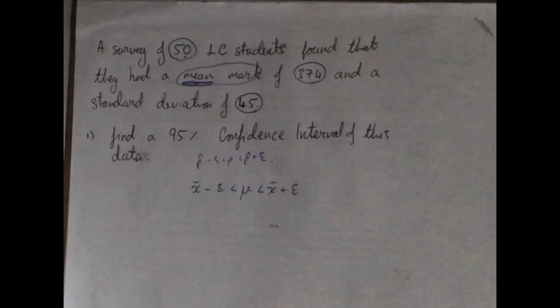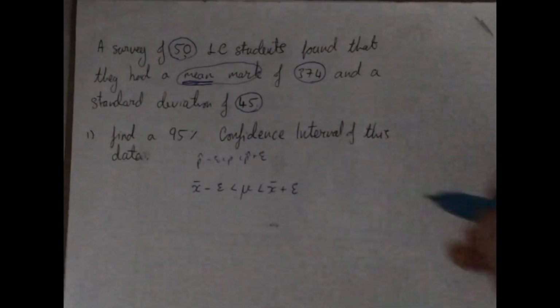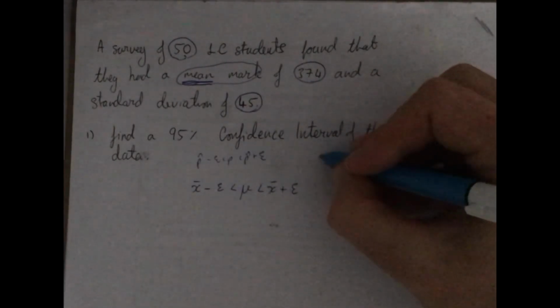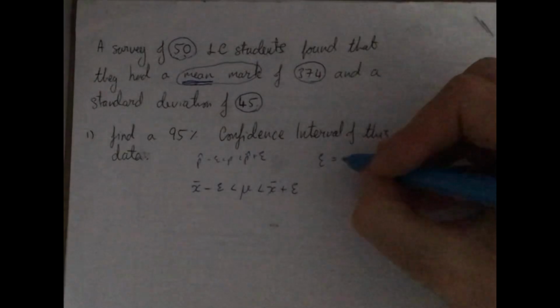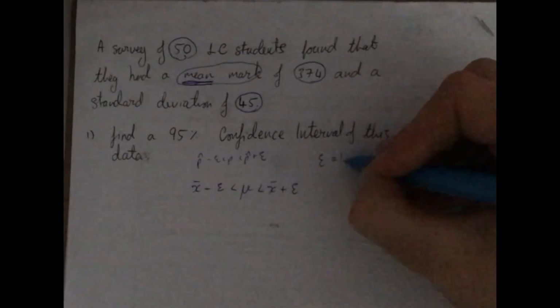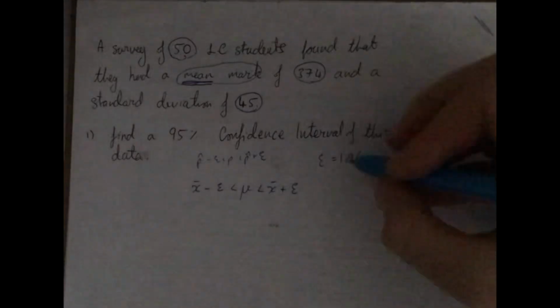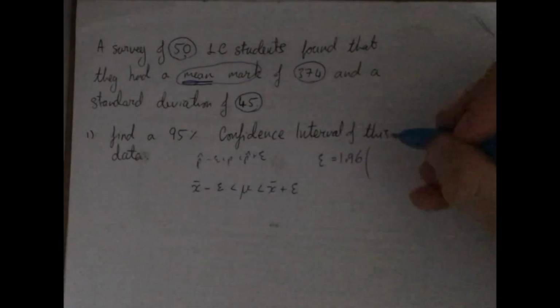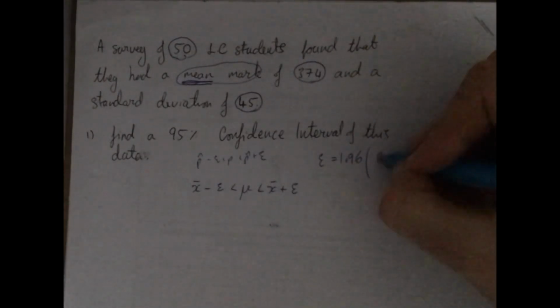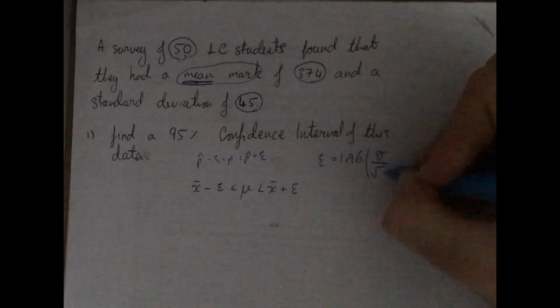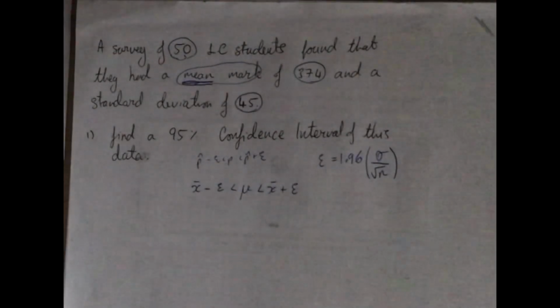E is your margin of error, and we're going to look at our margin of error in a mean question. So E in this case is going to be equal to 1.96. Again, it's the same figure coming from the 95%. It's still multiplying, but in this case it multiplies by standard deviation divided by root n.